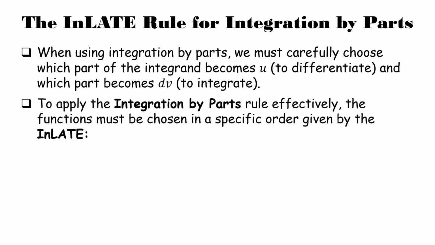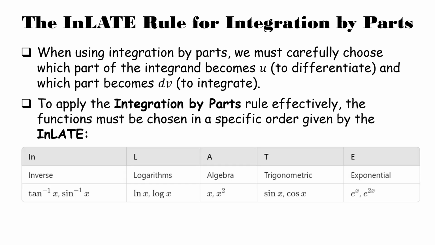To apply the rule effectively, the function must be chosen in a specific order given by this rule. So IN stands for inverse functions. L for logarithms, A for algebra, T for trigonometric, and E for exponential.